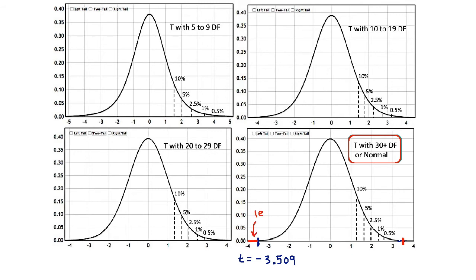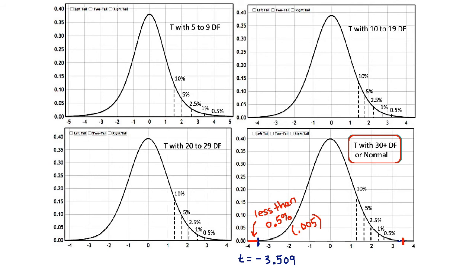So this is less than 0.5%, which means that it's overall less than 0.005. So I want to come up with an estimate of that p-value that is less than 0.005.